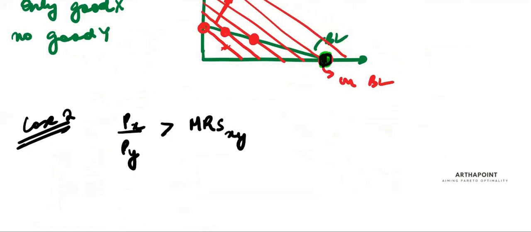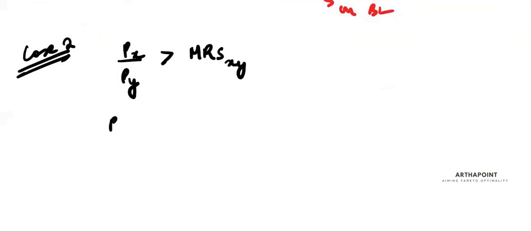If Px by Py is greater than MRS XY, I should be saying that Px by Py is greater than 1, because my MRS XY is 1. Which means my Px is greater than Py, which means good Y is cheaper. So I should consume only good Y.